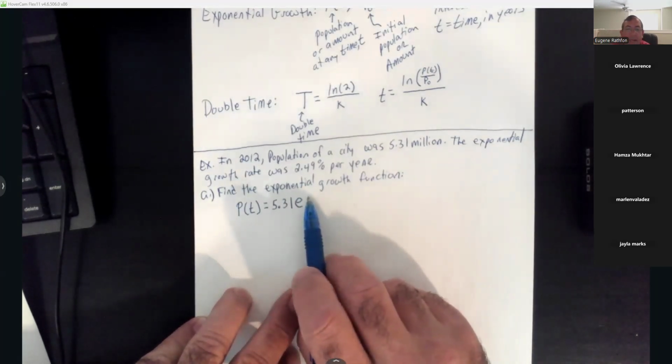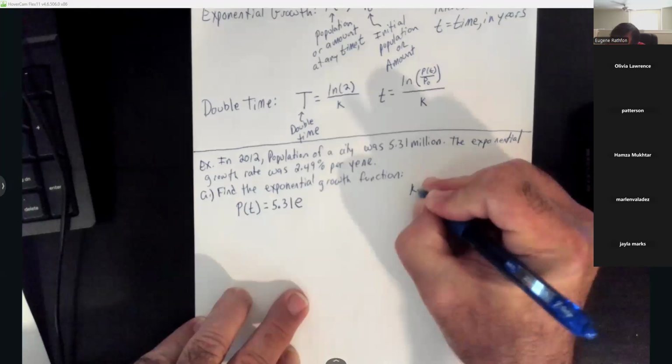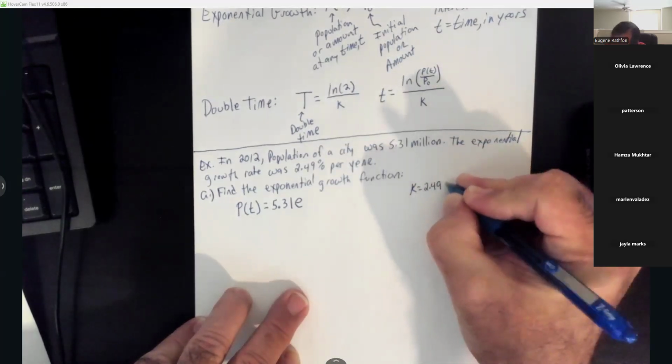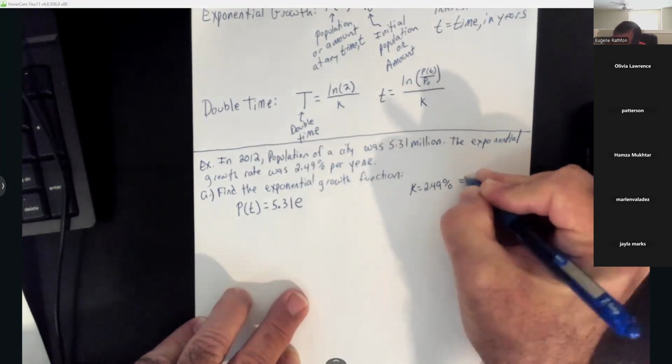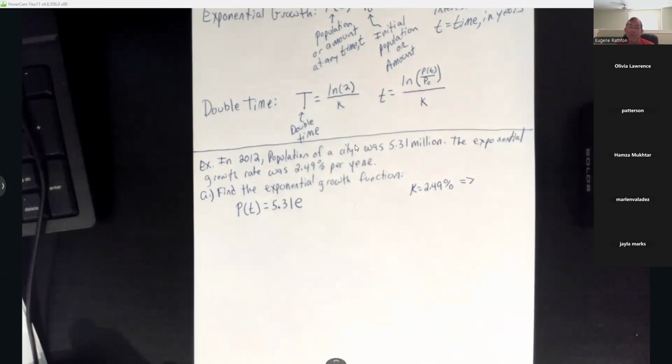So what we need is K now. But remember, they gave me K as a percent, 2.49%. So do any of y'all want to figure out what that would be in decimal form?